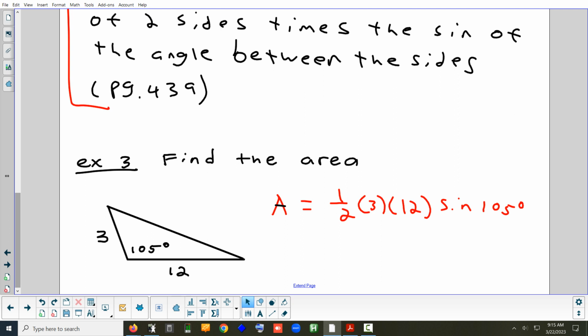All right, so let's do it up. It's easier for me to do half of 12 first, which is 6, and then 6 times 3 gives me 18.